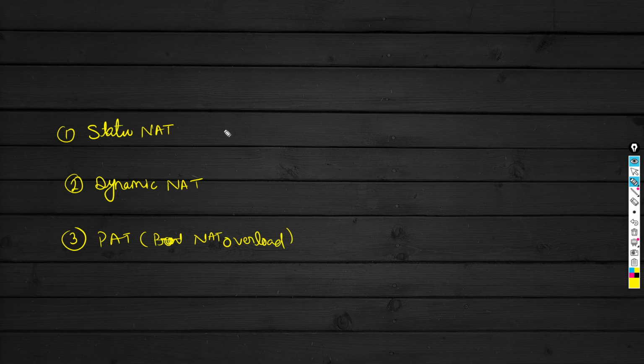This is the reference for which side the IP address is getting translated. Either the source IP is getting translated, or the destination IP address is getting translated. Whenever any IP packet is traveling, it has two fields: the source IP address, from where the traffic is coming, and the destination IP address, to where it is going.